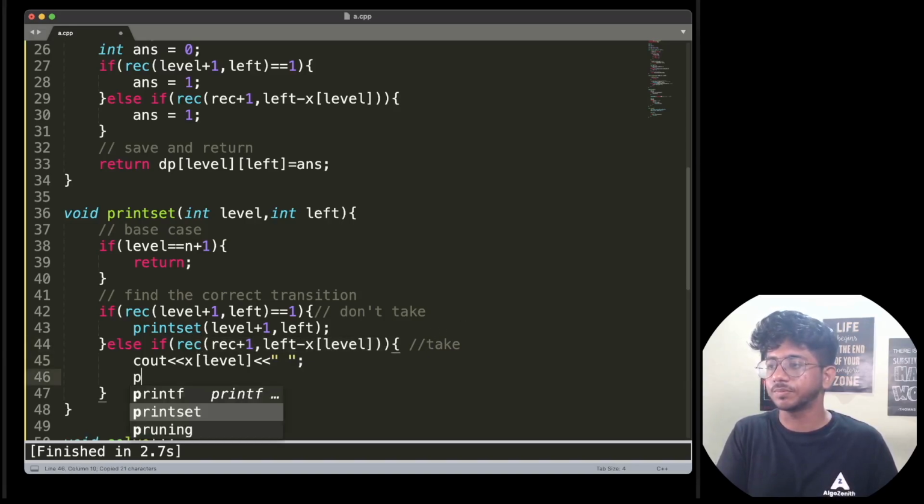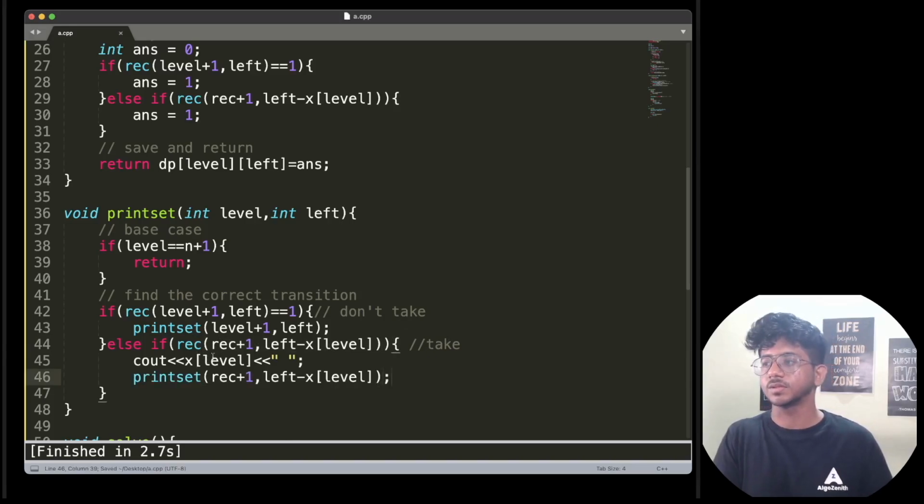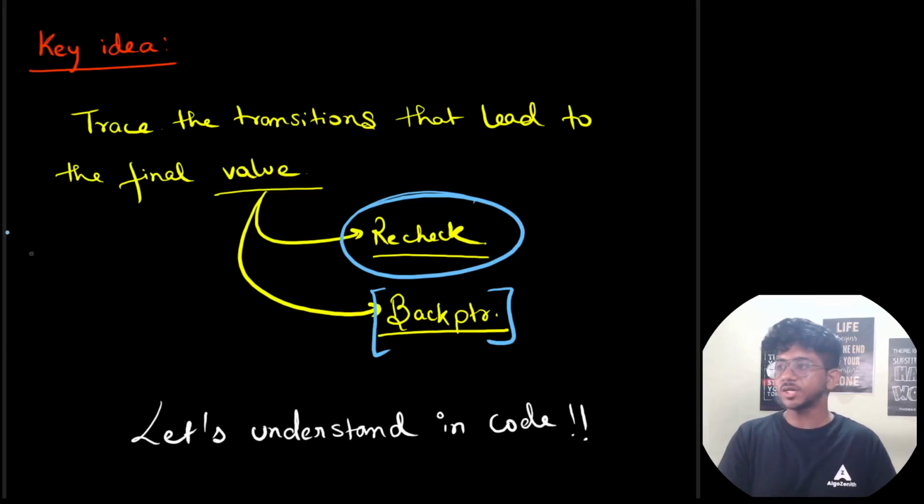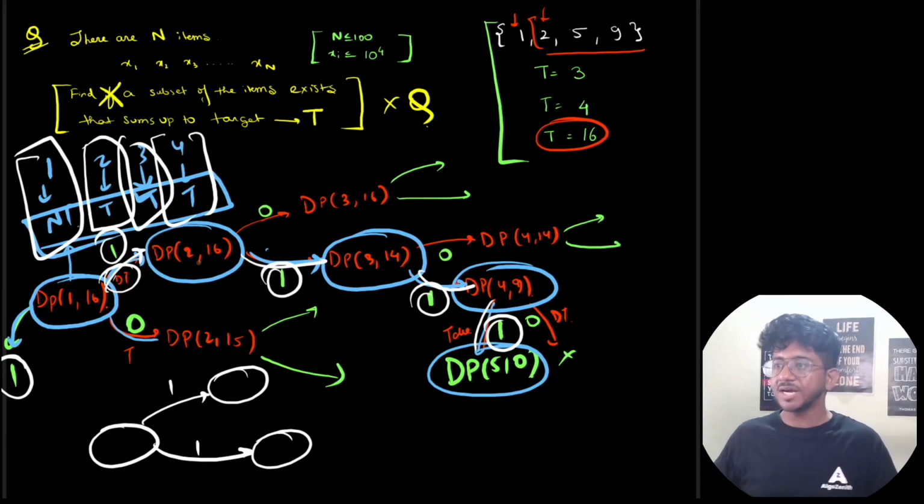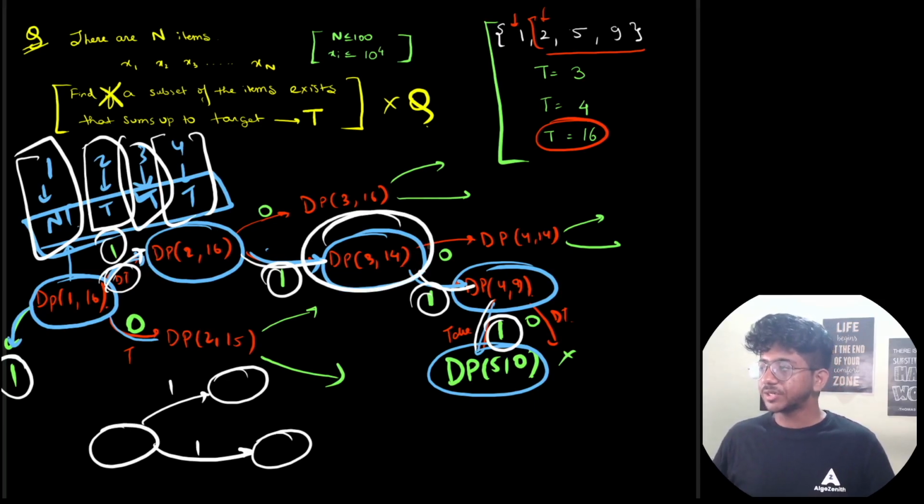So what we just did was, over here, we are at, let's say, this state. This side was 0, so we didn't go this way. This side was 1, so it is actually a take. So take the item at third place, which is this one. So it will print 5, and it will go to 4 comma 9.